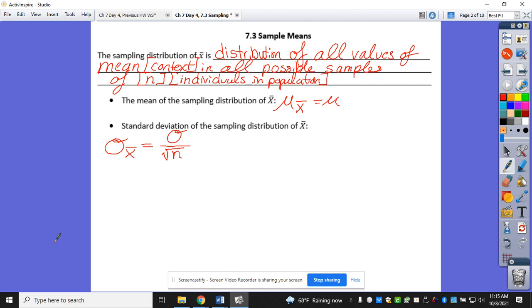Well, those are two different things. What does just sigma stand for? Population standard deviation, where this is instead the standard deviation of the sampling distribution of x bar. And then just like usual, we still have to do the 10% condition. We're still accounting for error. If we get too close, then we're accounting for too much error.